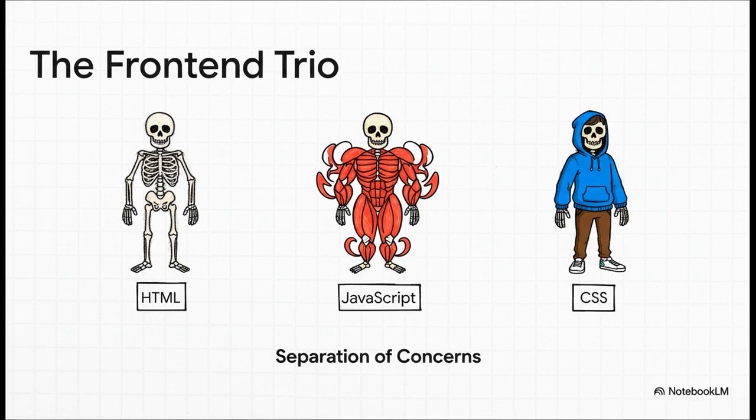It's the skeleton. Then you have CSS, which stands for Cascading Style Sheets. That's all about presentation. Think of it as the skin, the colors, the fonts, the layout, everything that makes it look good. And finally, you've got JavaScript. That's the interactivity. It's the muscles that make things happen when you click a button or fill out a form. Skeleton, skin, muscles. Each one has its own vital role.